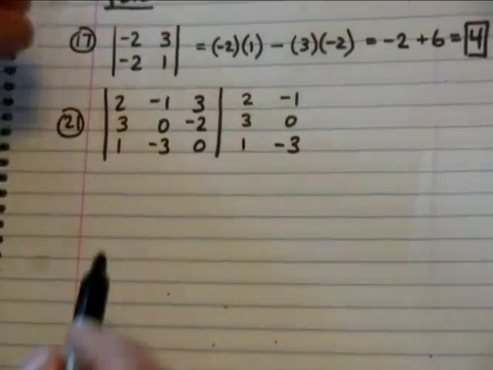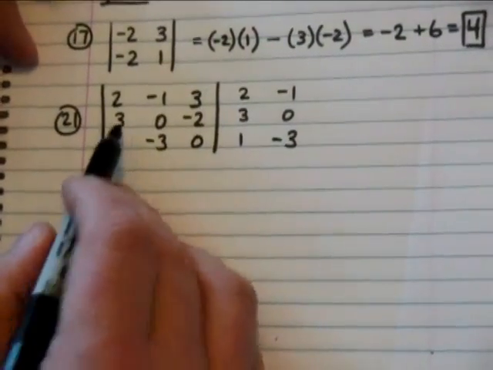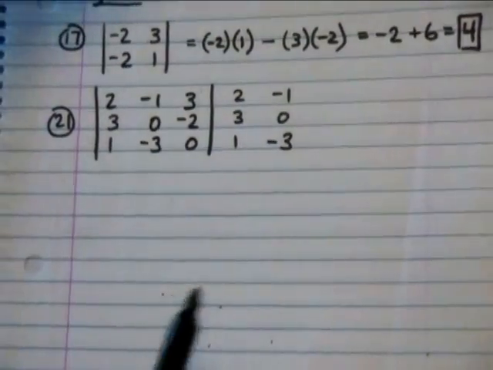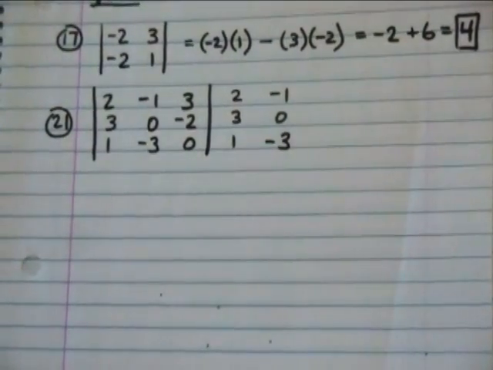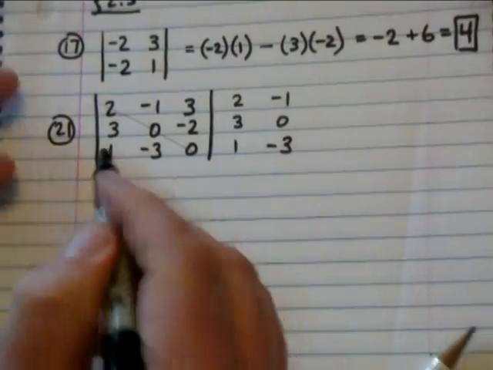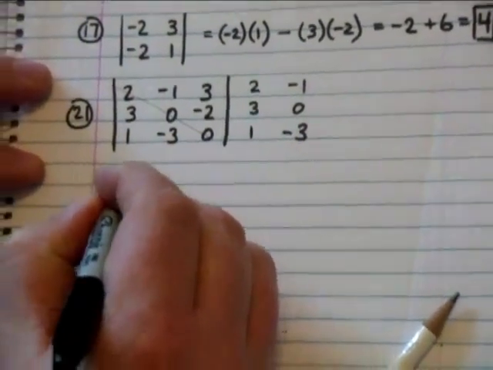Alright, so what that allows me to do is something similar to what we did above. What I can do now is take diagonals. So for example, 2, 0, and 0. I'm going to multiply those numbers together.